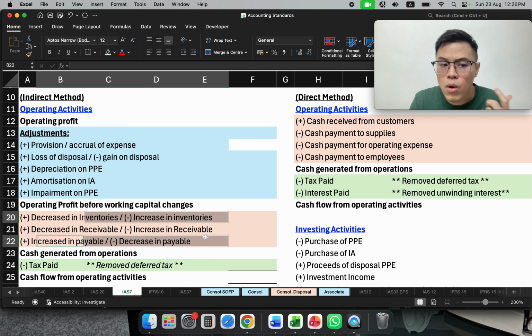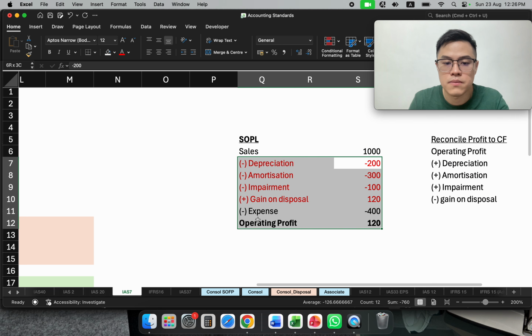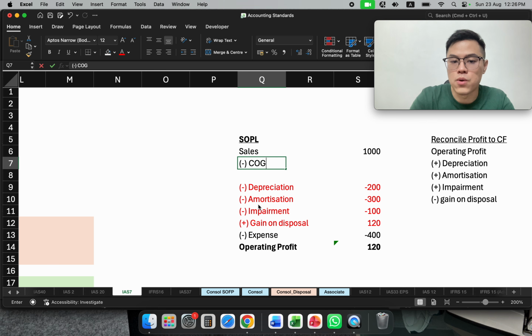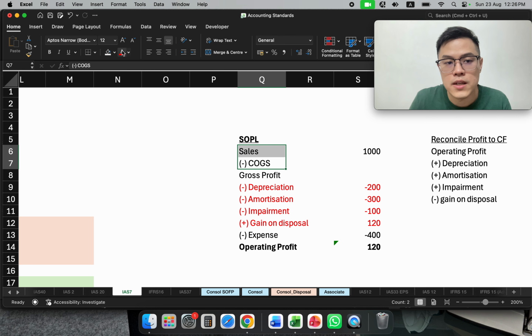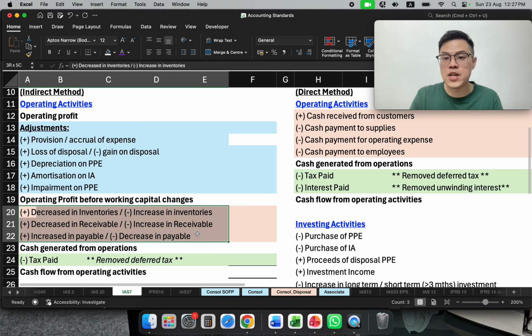So in order to adjust with the items happening in your sales and your cost of goods sold, so that you can get your gross profit, you adjust for the items hiding inside as credit sales or credit purchase with these working capital changes.